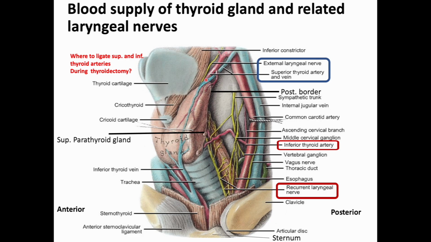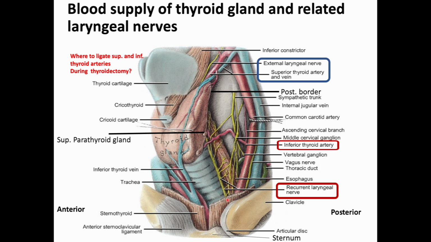Here is the superior thyroid artery, which is a branch of the external carotid artery, and here is the inferior thyroid artery, which is a branch of the thyrocervical trunk, which is a branch of the subclavian. As you see here, the superior thyroid artery is accompanied by a nerve we call the external laryngeal nerve, which supplies cricothyroid muscle. Another nerve accompanies the inferior thyroid artery.